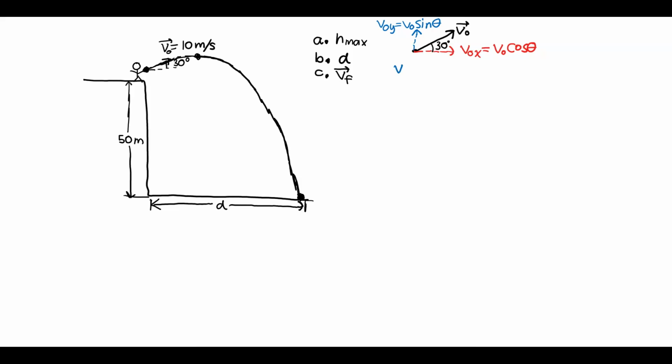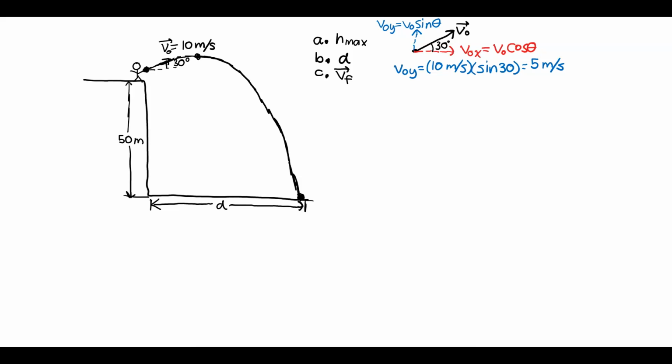We're going to solve for v naught y first because it's a lot easier to find the sine of 30, which is just 1/2. So the initial y component is exactly 5 meters per second.